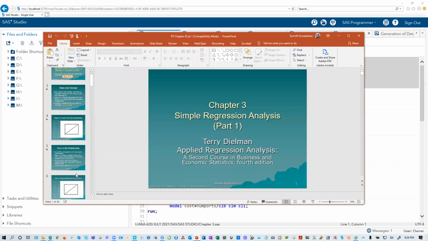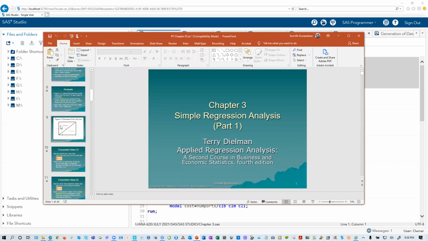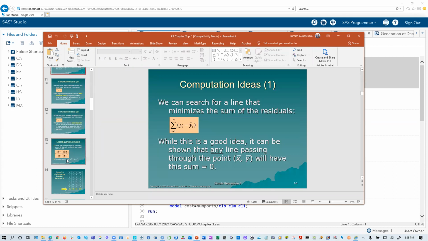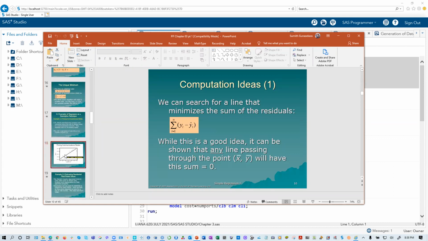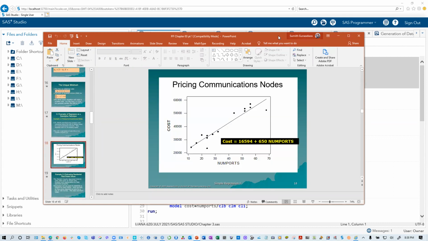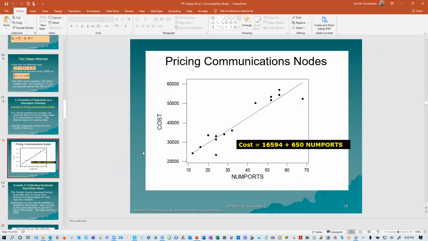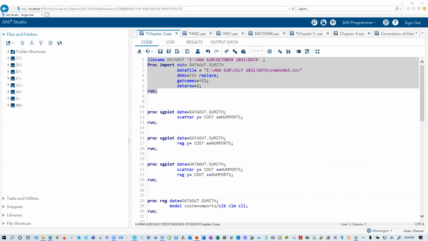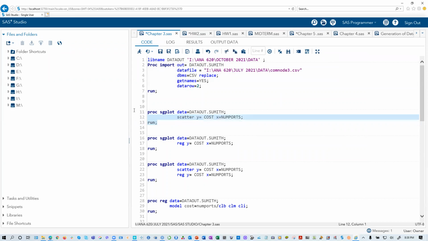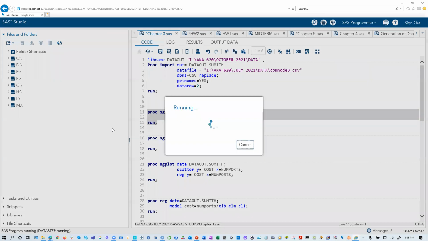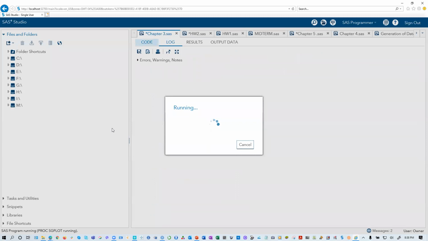This one, see, cost versus number of ports. That's the one that we were trying to get over here. See, it's SGPLOT and data. I'm going to call data out. This one, scatter. See, my plot would be scatter. It's not a scatter plot matrix, just a simple scatter plot.